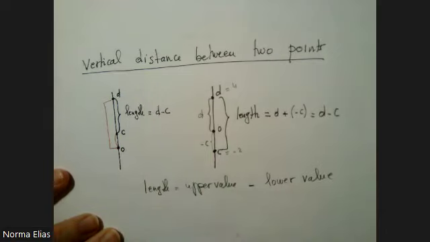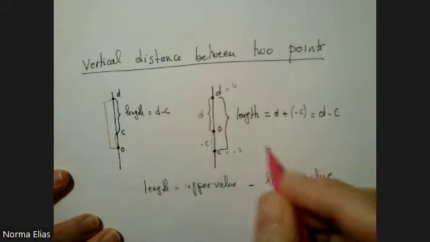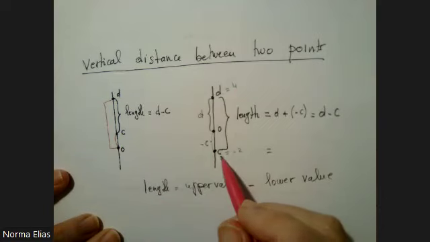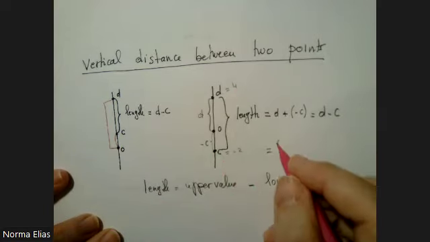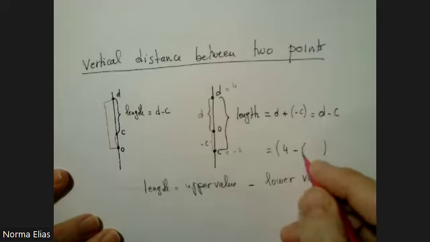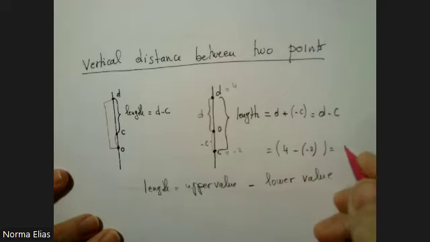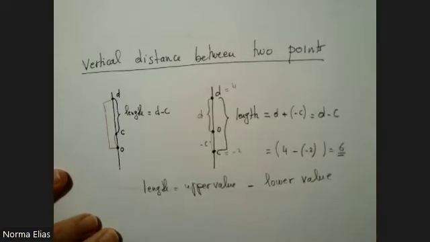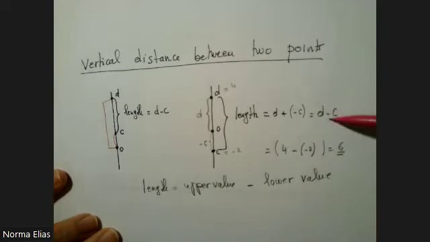So in my scenario right here, if I let D be 4 and I let C be minus 2, according to my formula the length is 4 minus minus 2, which is equal to 6. You guys understand why I can put minus C in here?